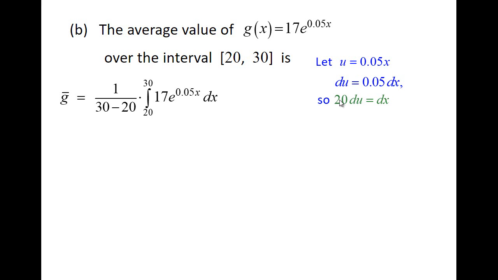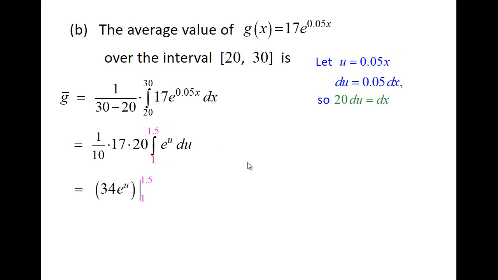If I do that, then I get 20 du is equal to dx, and then here I get 1 over 10, 17 can be taken outside, 20 du is dx, so dx is replaced with 20 du, and then this is e to the u. 17 was taken out already. And then the limits of integration: when x is 20, u is, what is 0.05 times 20? Well, that's 1. So when x is 20, u is 1. And when x is 30, u would be 1.5.